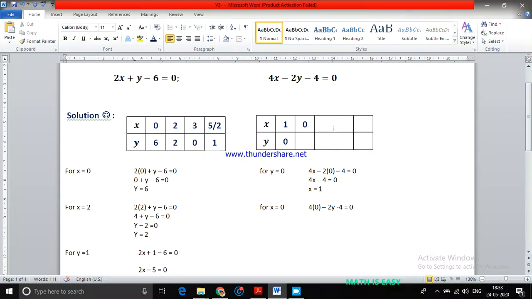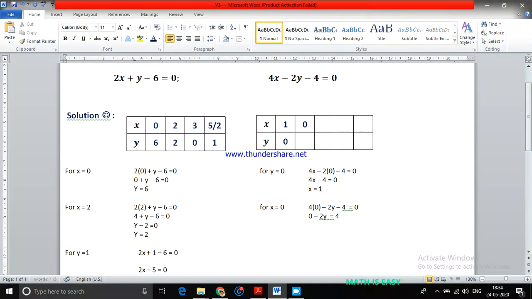So 4 times 0 is 0. Then I'll get minus 2y. What I do is I'll take that minus 4 to the RHS, so that will become plus 4.